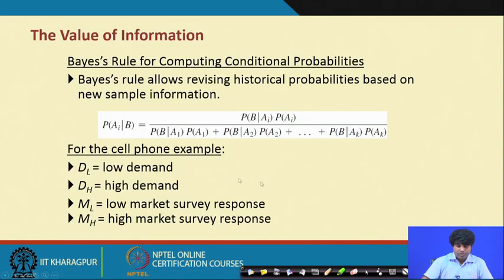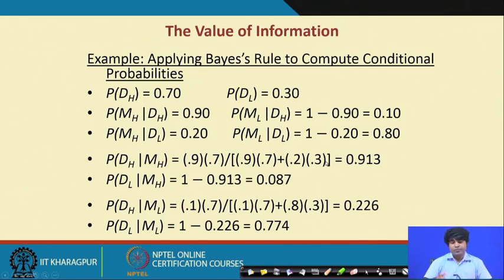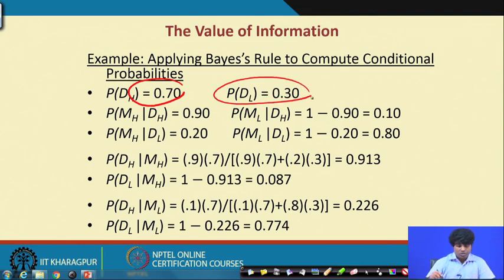So, technically, having this information we have different levels of outcomes. The probability of high demand is 0.70, and the probability of low demand is 0.30. Now the probability of one particular conditional case is 0.90, and another particular condition is by default 0.10.